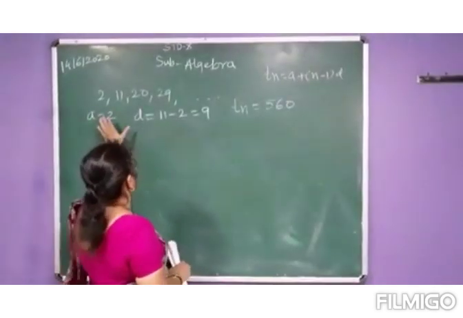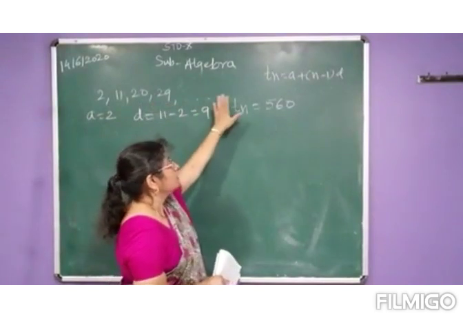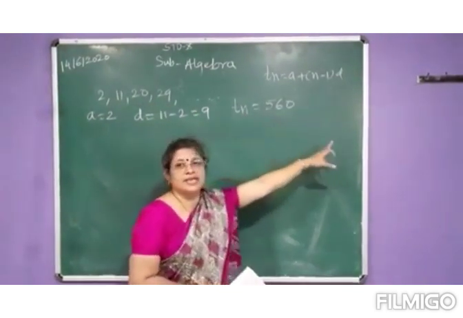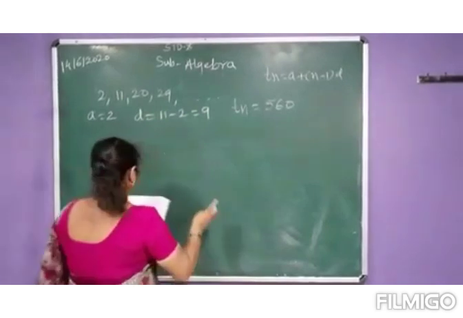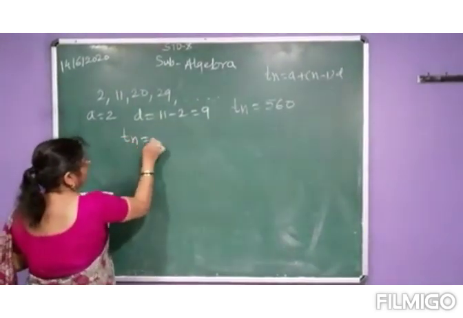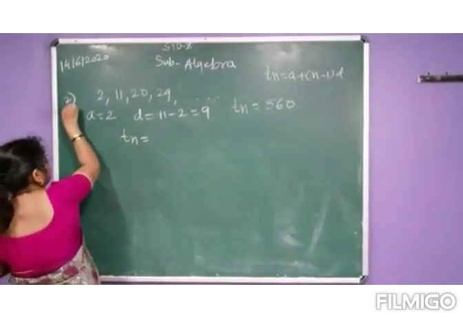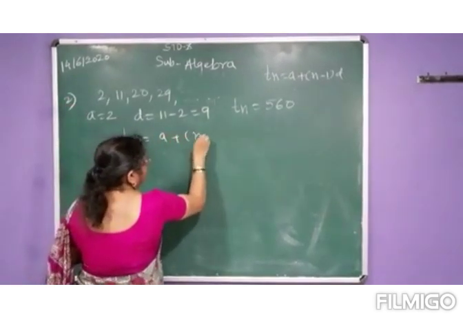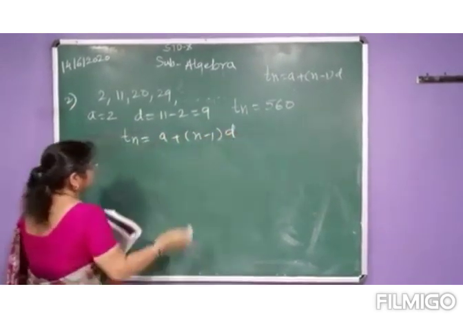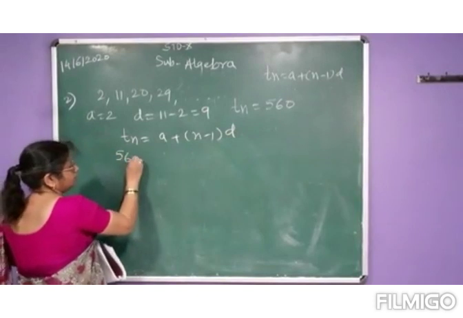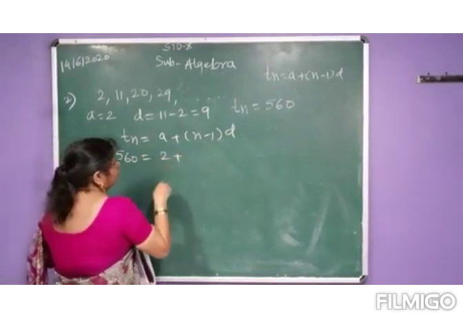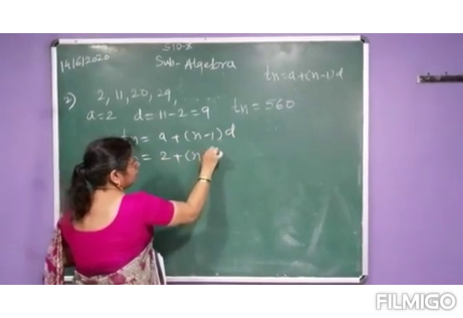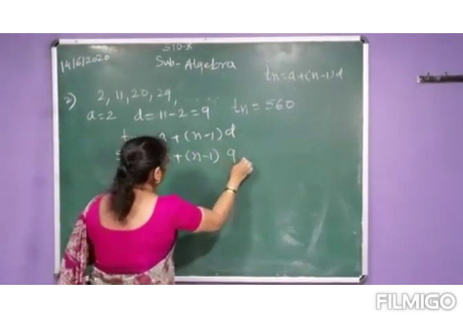That means in this arithmetic progression, what is the value of n where 560 is there? Correct? So we will write the formula. Tn is equal to A plus n minus 1 into D. Now Tn is 560, A is 2, n you have to find out, correct? n minus 1 into 9.